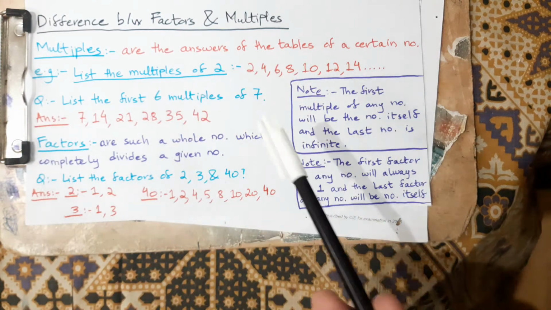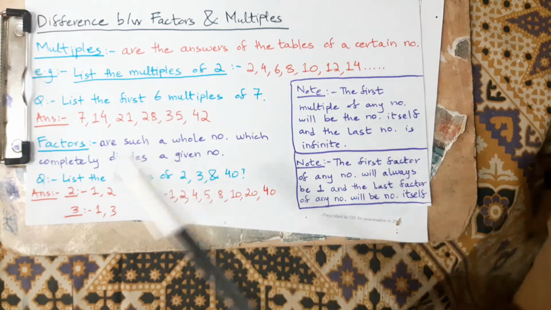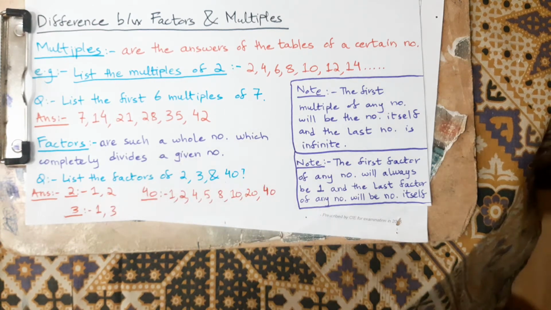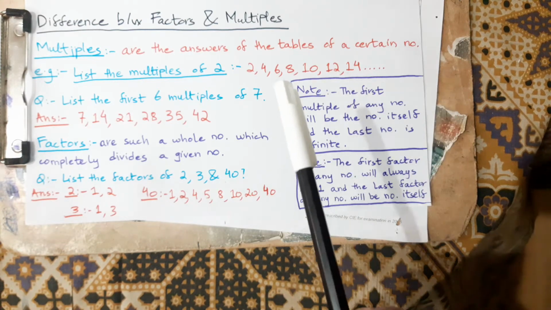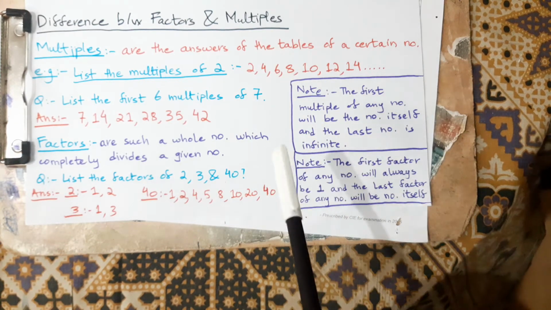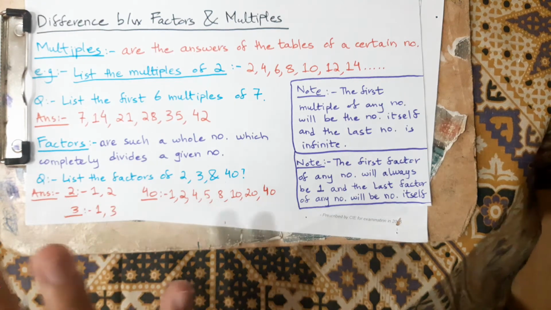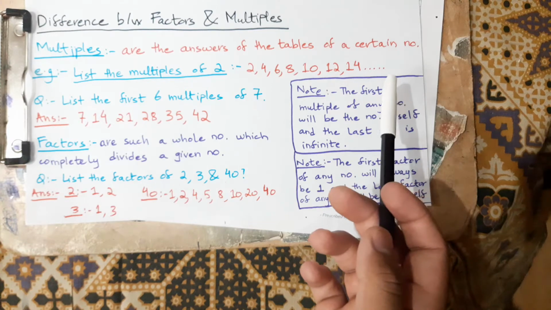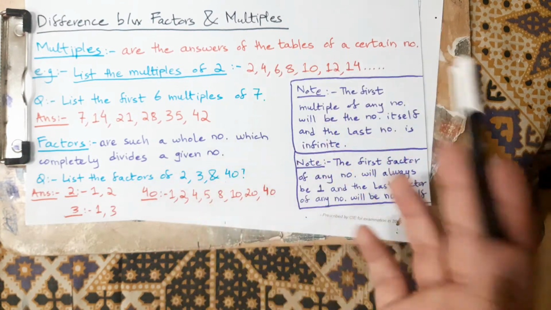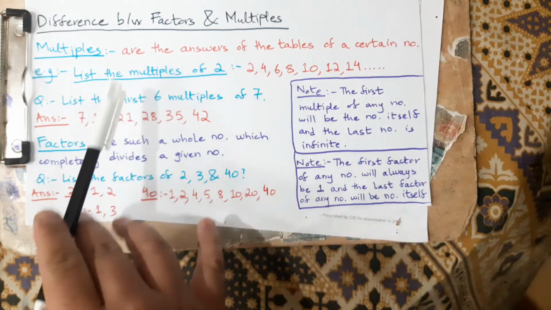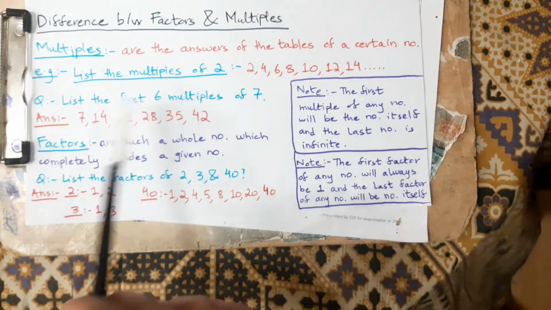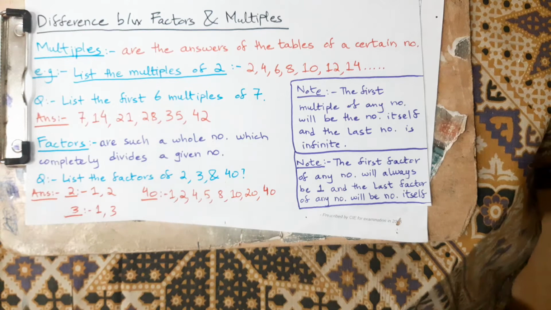However, you don't have to list all the multiples. You can list them till 10, that is, 2 multiplied by 10. You can list them till that point, which means the last multiple in this question is 20.